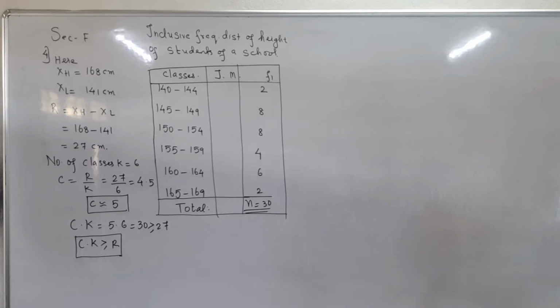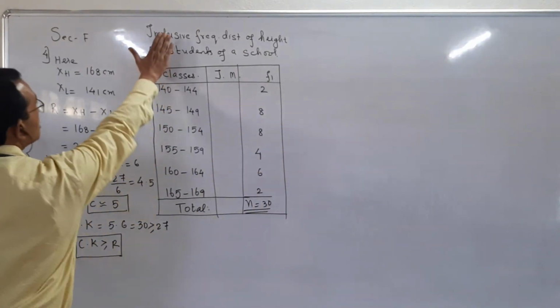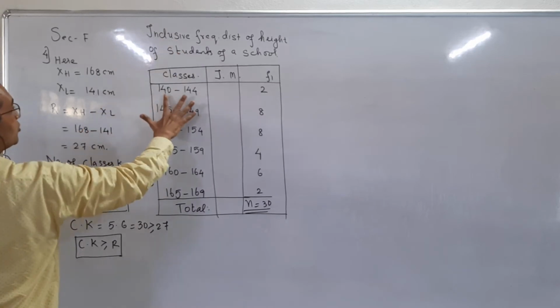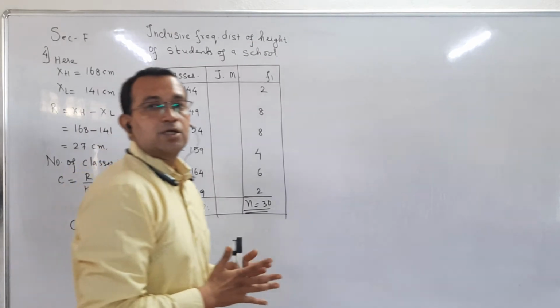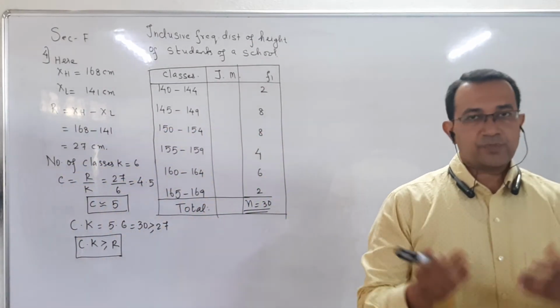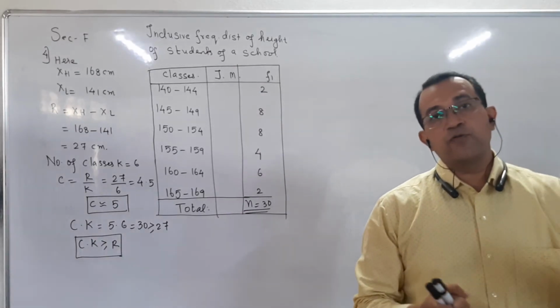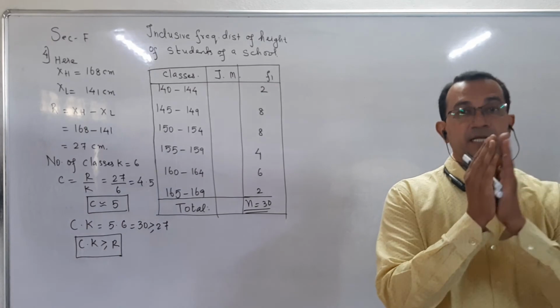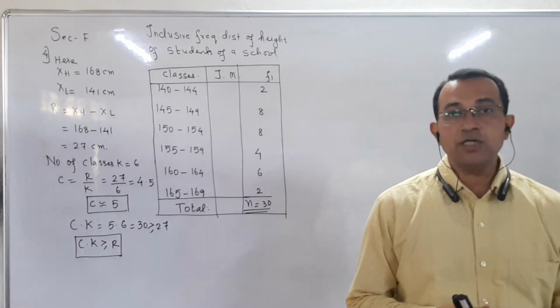Now students, pay attention. For inclusive, we have to take boundary points for cumulative frequency distribution. For exclusive, class limits and boundary points are same. But for inclusive, class limits and boundary points are not same.